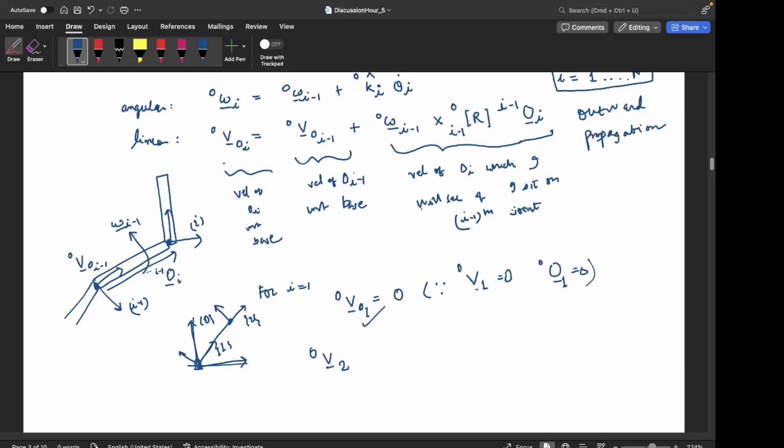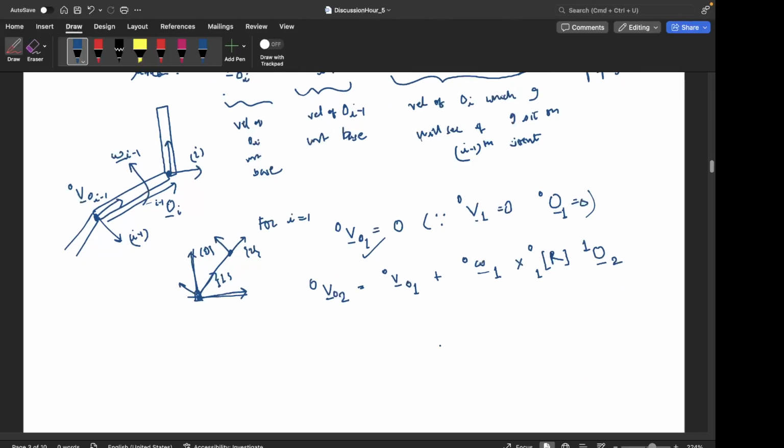V02, or O2, is V0 for O1 plus the angular velocity of the first link, omega 1, cross the rotation matrix from 1 to 0 times the position vector from the origin of the first frame to the origin of the second.